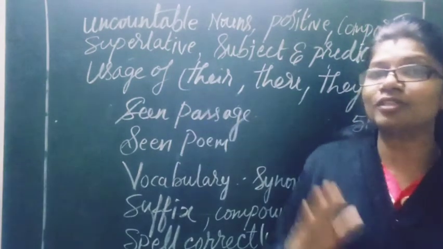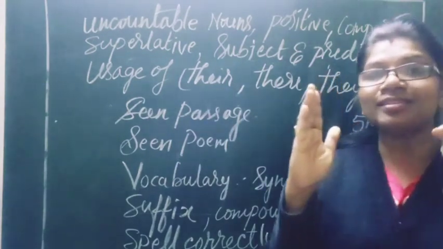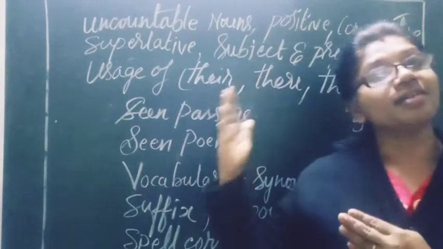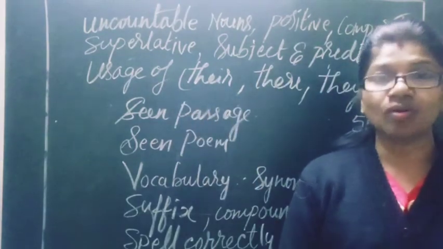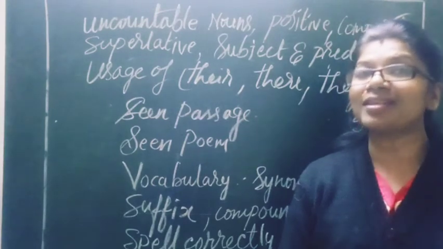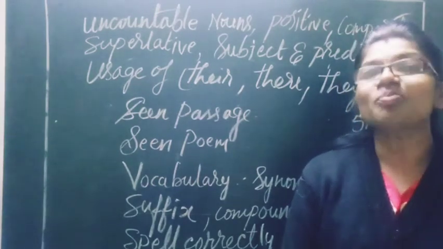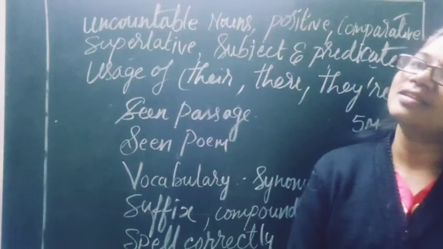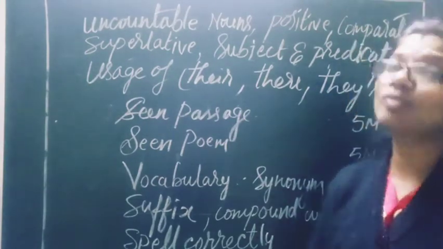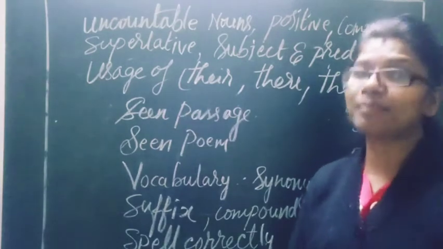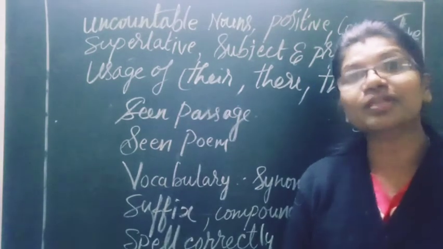Suppose you are comparing: Nita is taller than Anita. Then you need taller. You can't say Nita is tall than Anita. Tall is the positive form; for comparison, the comparative is taller. When you compare two things, two animals, two persons, you use the comparative form.